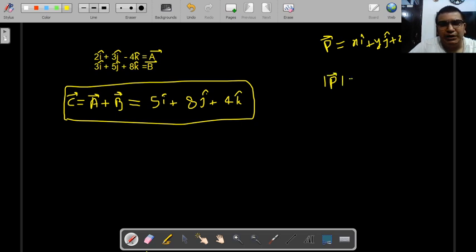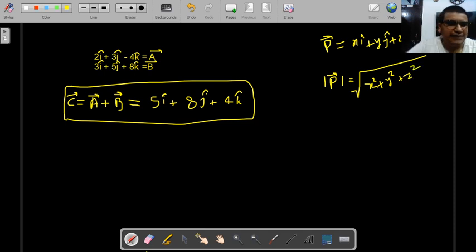Magnitude means numerical value, that is, how much is its numerical value, that is called magnitude. The magnitude can be obtained by the square root of the sum of the squares of the components, that is x square plus y square plus z square.